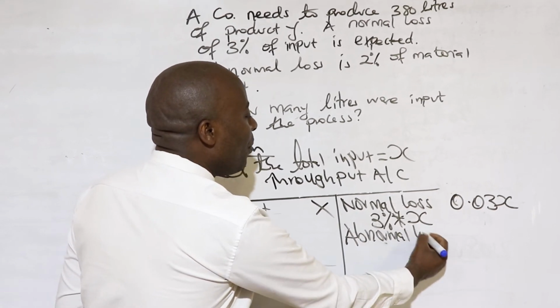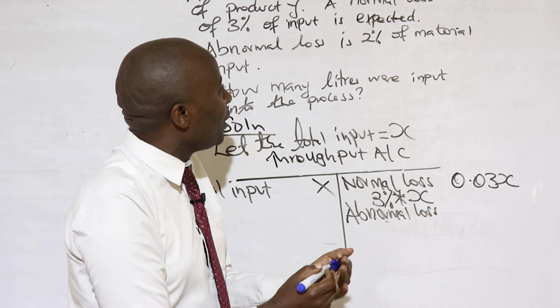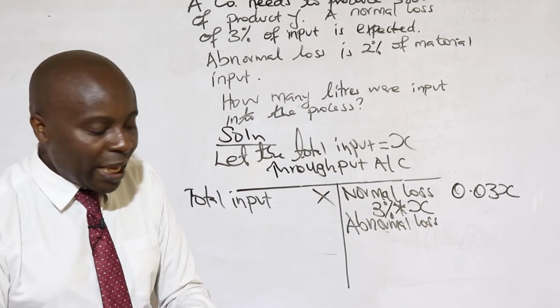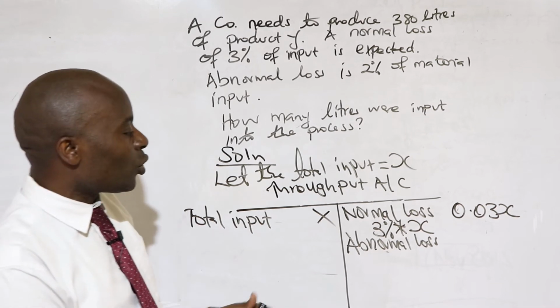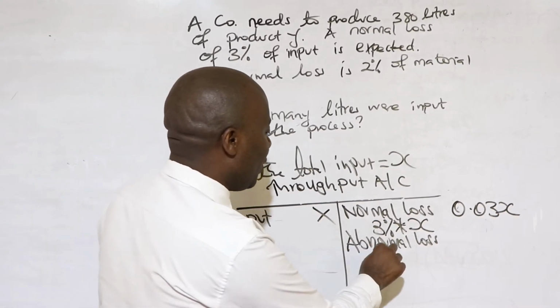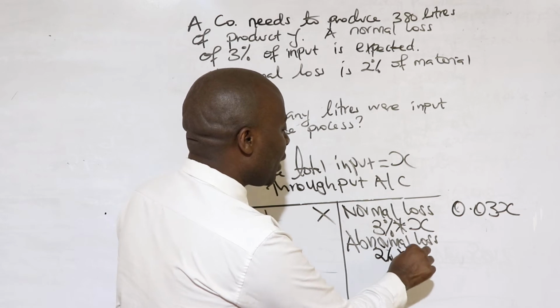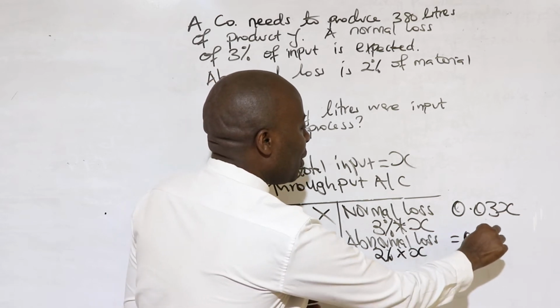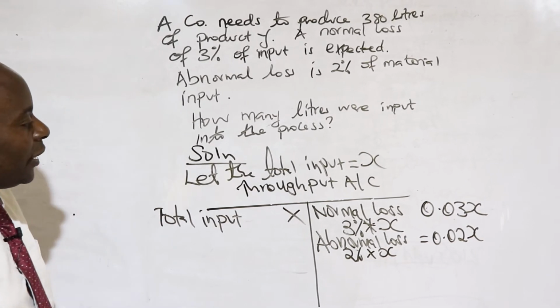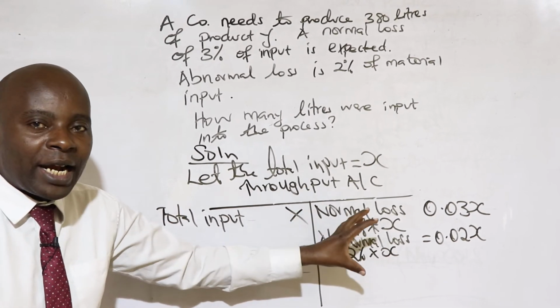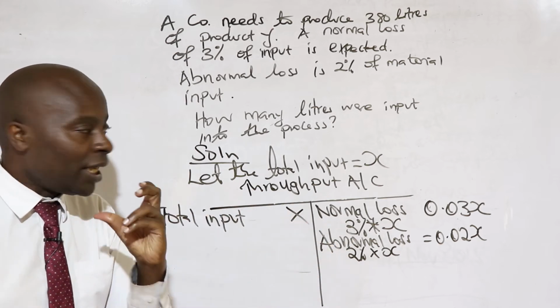So our abnormal loss, we have been told in this question, is also 2% of the input which is X. So we have here 2% of X, which will be 0.02X. And then of course, on the credit side, we shall also account for the output.